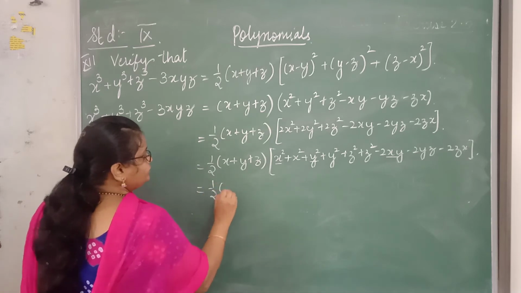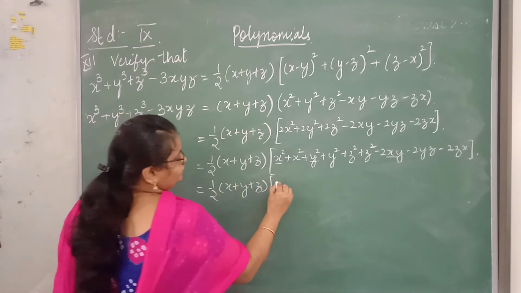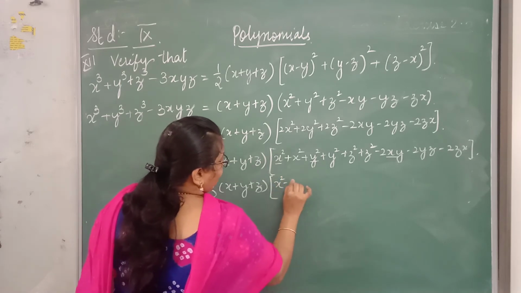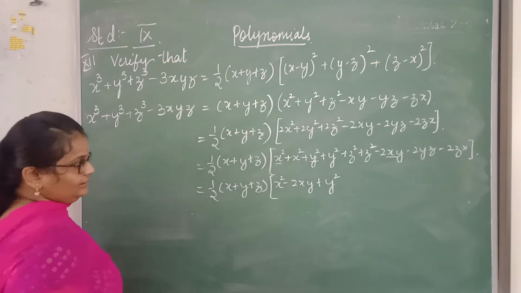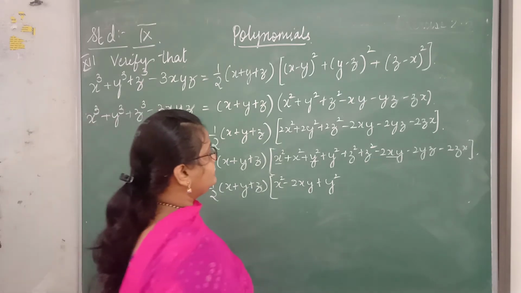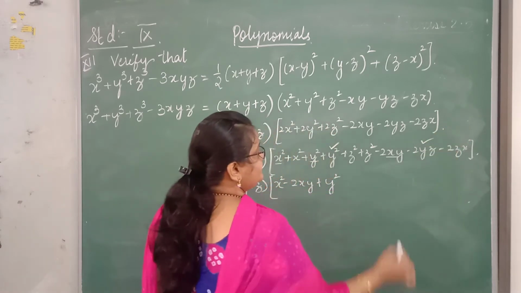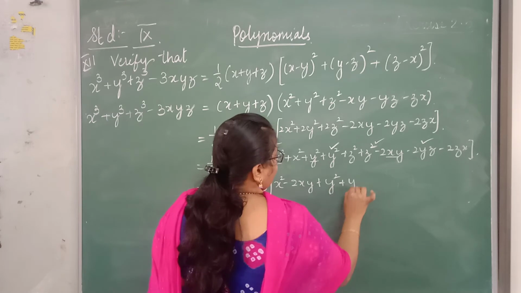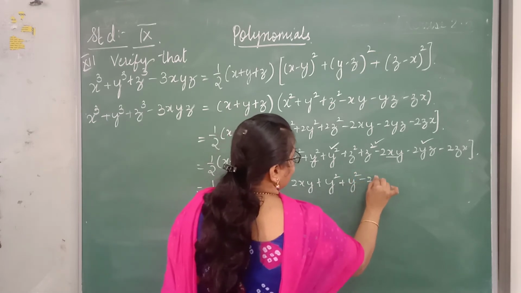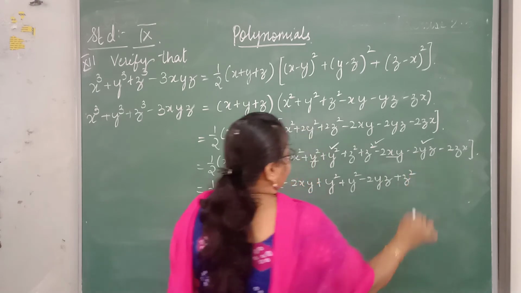So half into x plus y plus z into x square minus 2xy plus y square. Then coming to the next one, y square minus 2yz plus z square. Again I can go for making a group, y square minus 2yz plus z square.